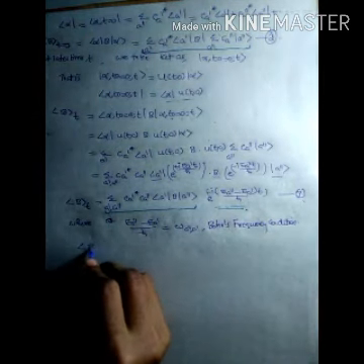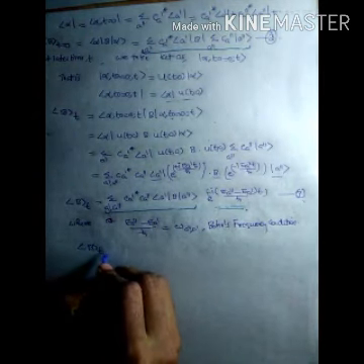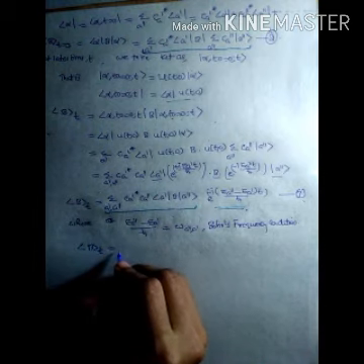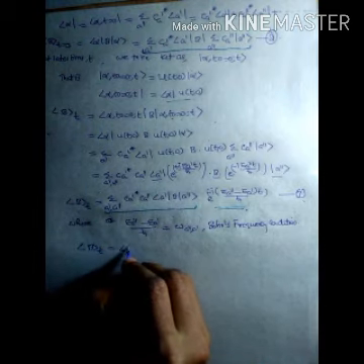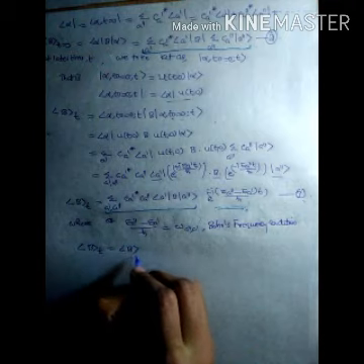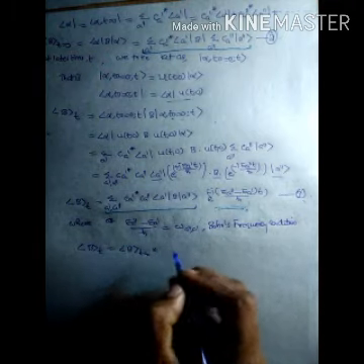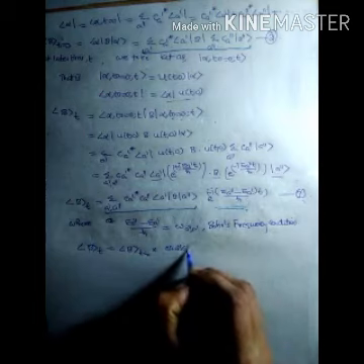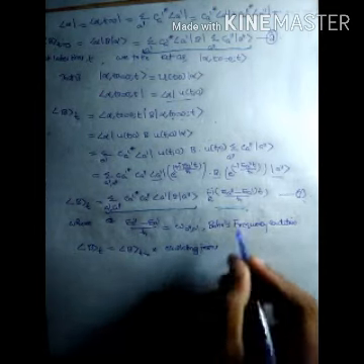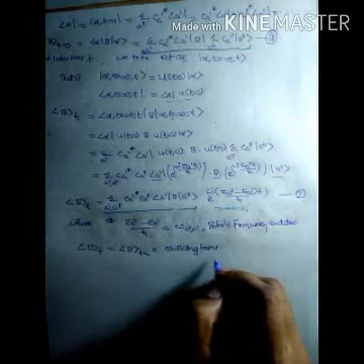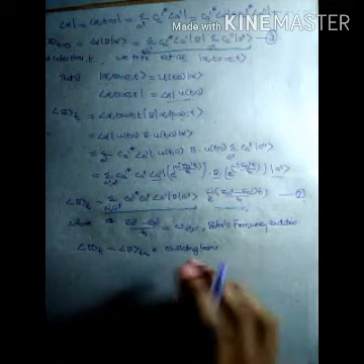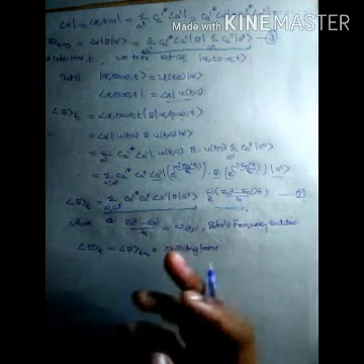So the expectation value of B at time t equals the expectation value of B at time 0 times some oscillating terms. That means the expectation value of B depends on time.